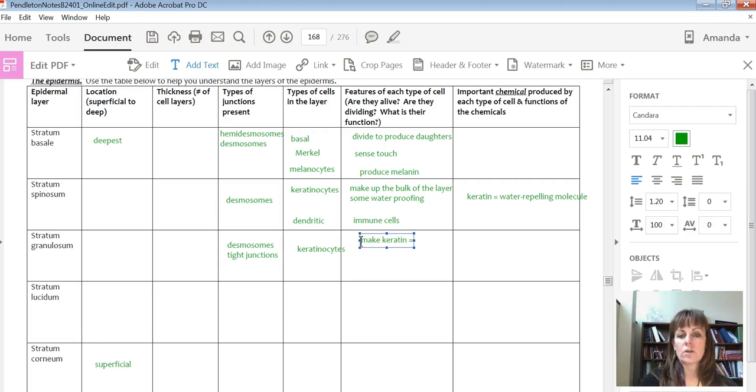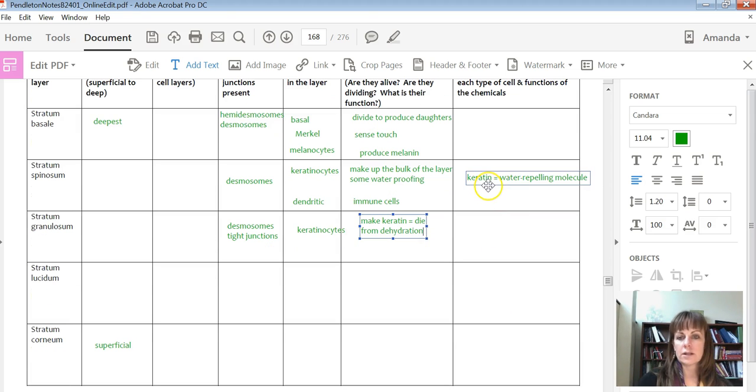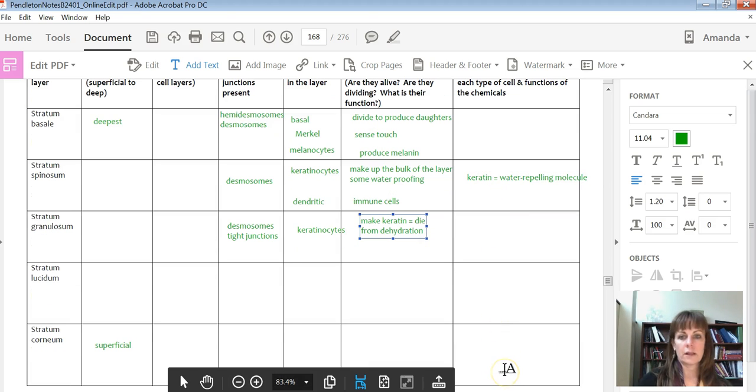Okay, and so they're going to end up dying from dehydration. Remember that keratin repels water, so once you pack a cell with keratin, it sends all the water outside the cell. And if a cell doesn't have water, it cannot continue to live. Okay, so we're going to have keratin right here down through all of the layers.